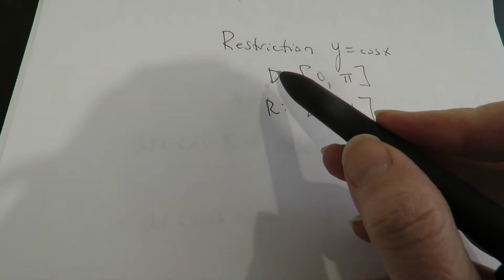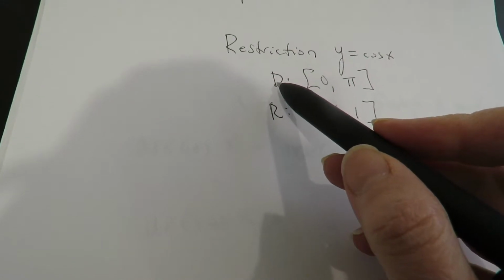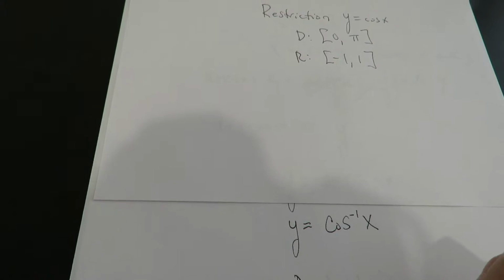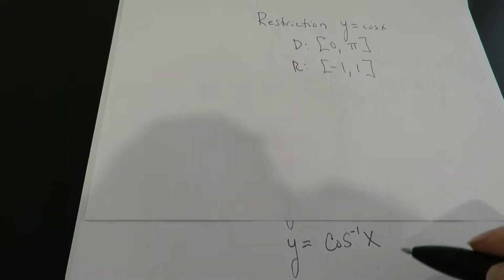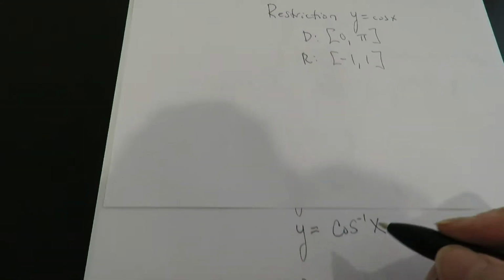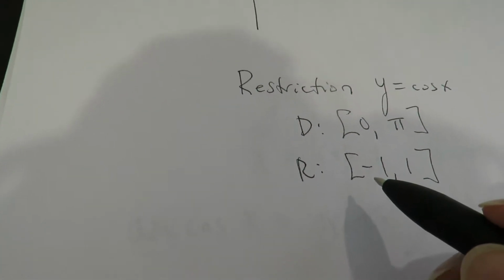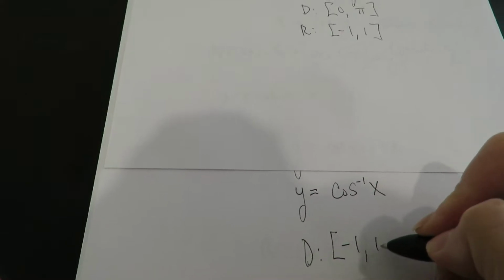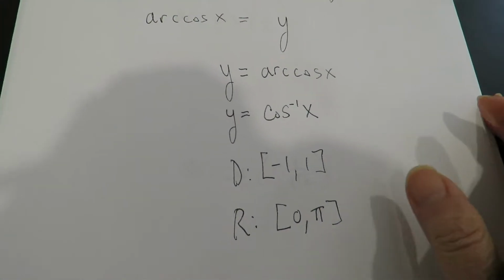Remember, the domain and range swap. The domain of the cosine becomes the range of the arc cosine, and the range of the cosine becomes the domain of its inverse.